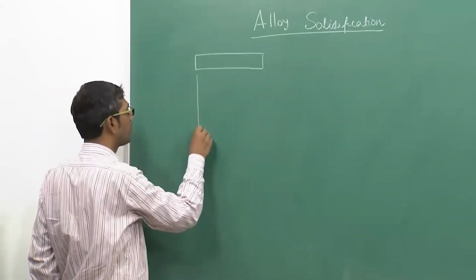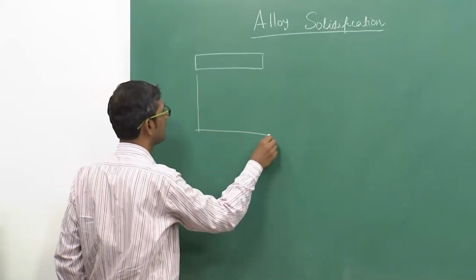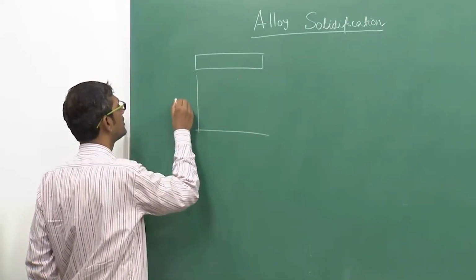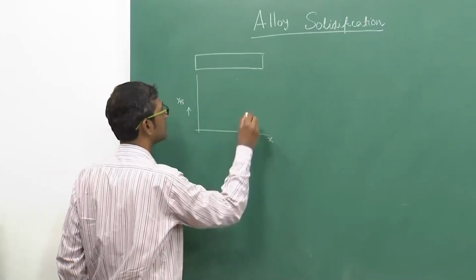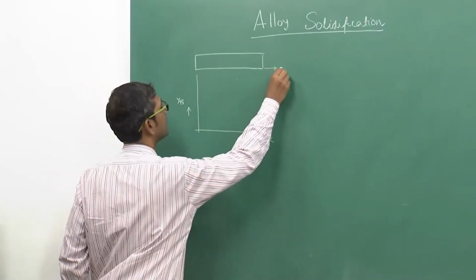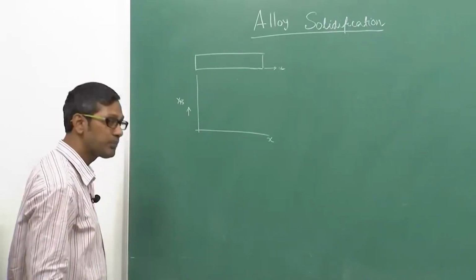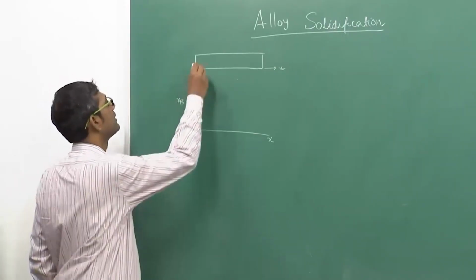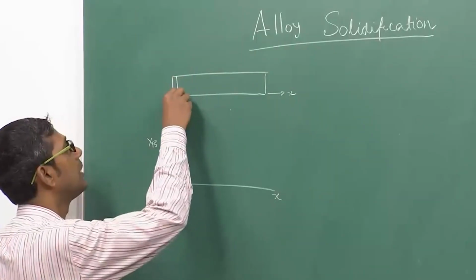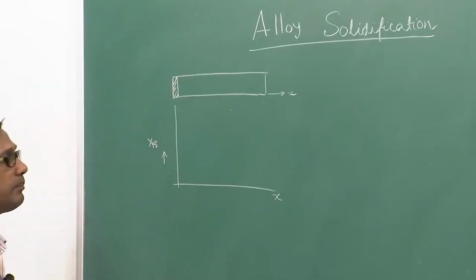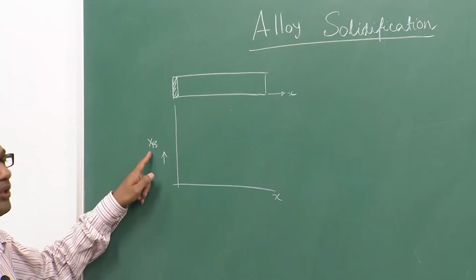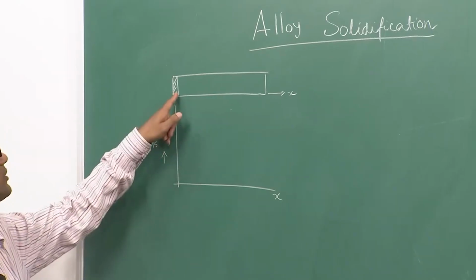What I am going to plot is the composition XB as a function of distance x. When a small amount of liquid solidifies and the major part of the liquid has not yet solidified, how will the composition profile look, how will the composition of solute B vary in the solid and the liquid?